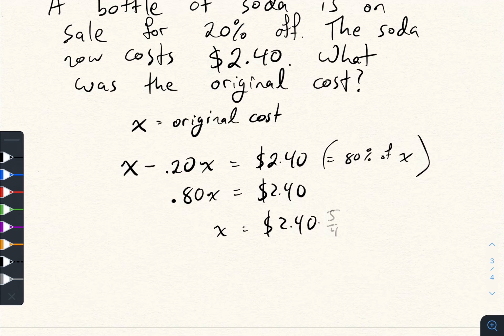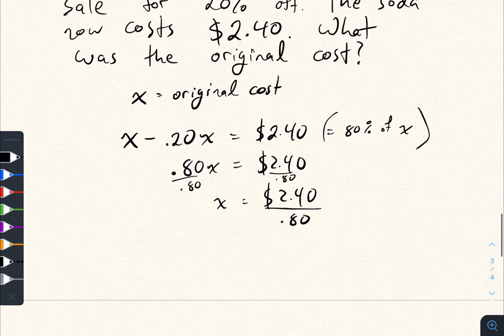Or you could just notice, oh, hey, 80 goes into 240 3 times. So just divide by 80 on both sides. And so this over here is equal to 3. So $3. So our original cost is $3.